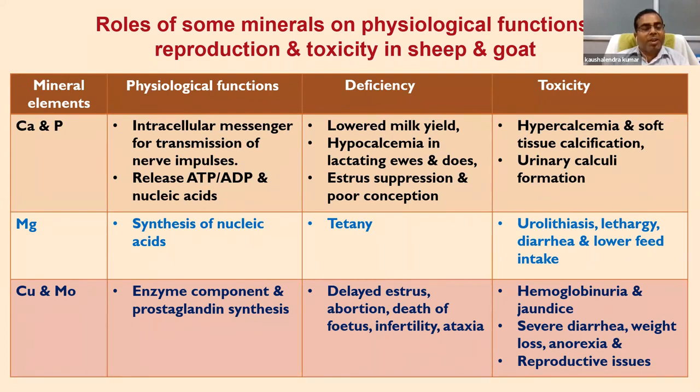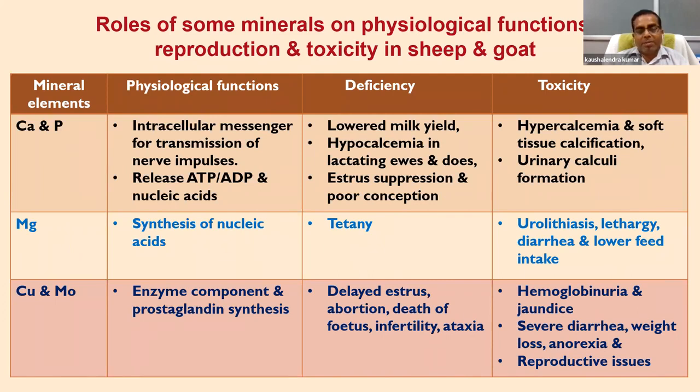So these two vital major minerals, calcium and phosphorus, are directly associated with nerve impulses, muscle tonicity, and energy. What happens if deficiency of these two minerals arises in sheep and goat?